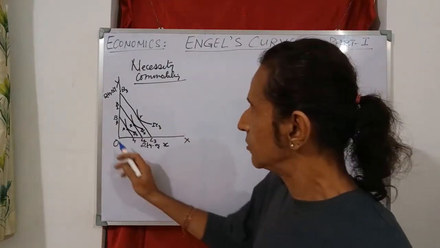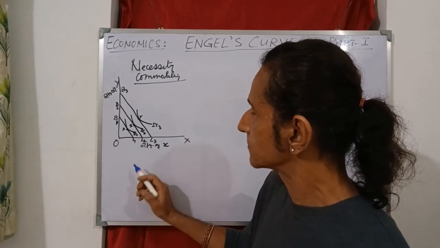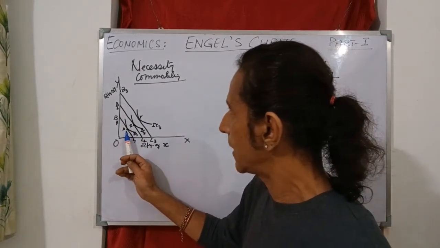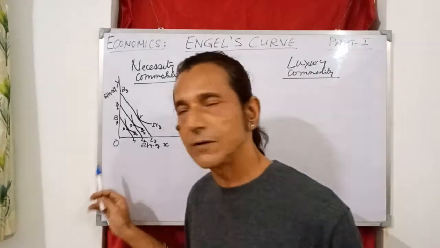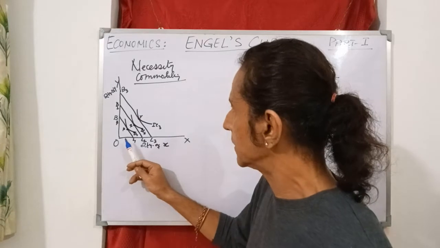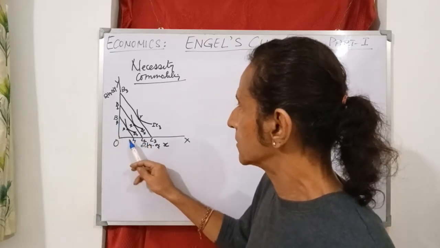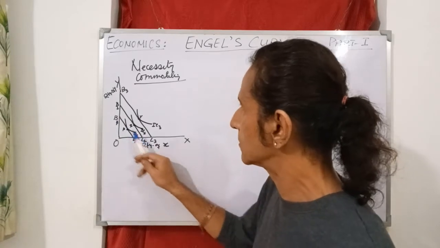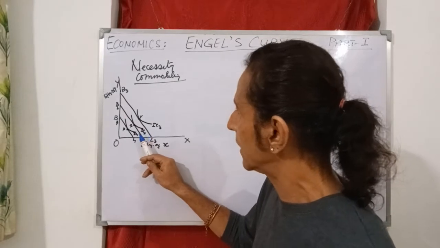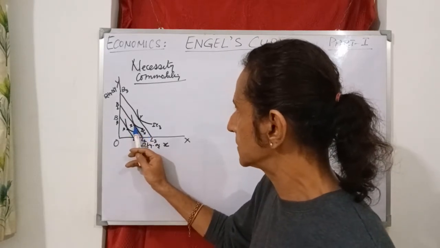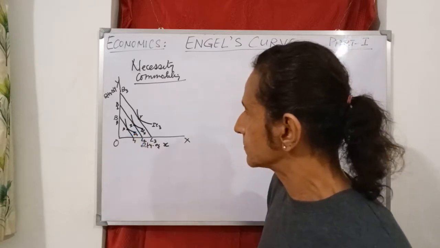That means with budget line B1, L1 and indifference curve IC1, the consumer is in equilibrium at point P, the point of tangency between IC1 and B1, L1. As the income of the consumer increases, the budget line B1, L1 shifts parallelly rightward to B2, L2 and the consumer moves to higher indifference curve IC2 and is in equilibrium at the point of tangency between IC2 and B2, L2, at point Q.